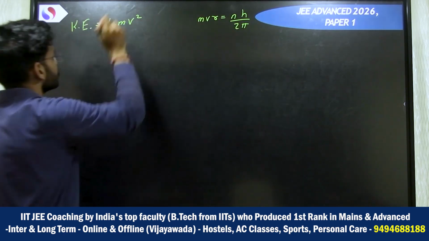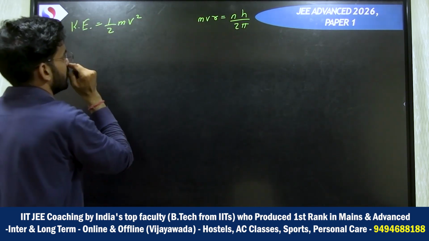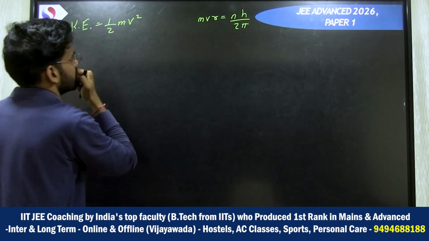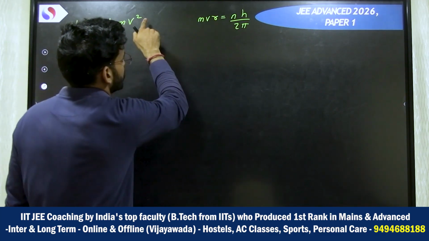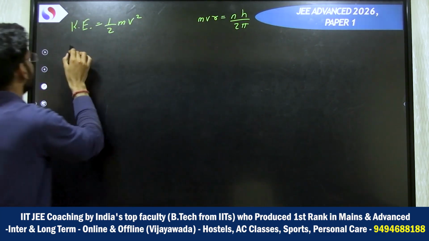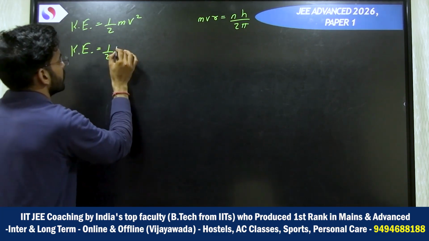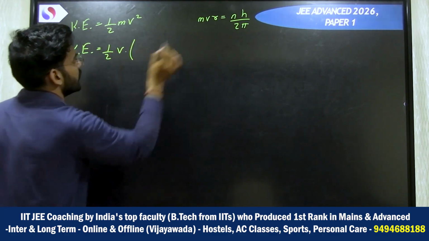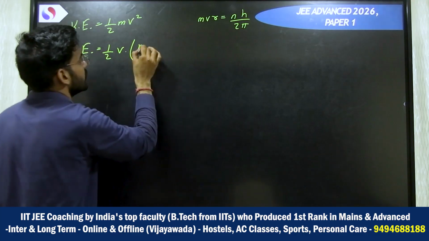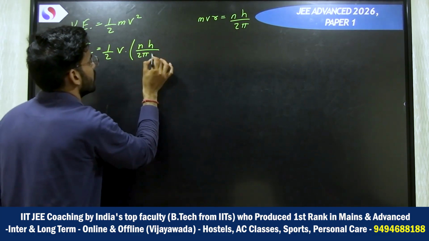If you put it here, keep one v, then r will come and divide, and that's what your answer will match. Half, one v you keep here, and one mv you put with r dividing, so nh by 2 pi r.